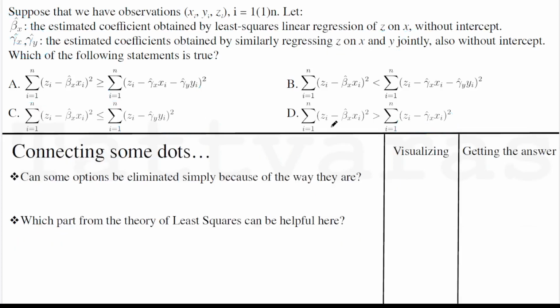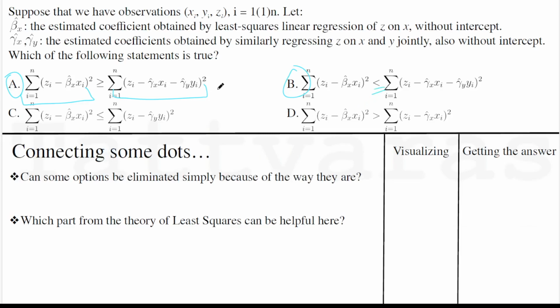Let's get started. Now, connecting some dots. Because it's an MCQ, can we eliminate some options? Looking at options A and B, we find an interesting thing. Option A is saying that the error sum of squares for the first model is greater than or equal to that of the second model. Option B is saying the exact reverse of that, that is, less than.